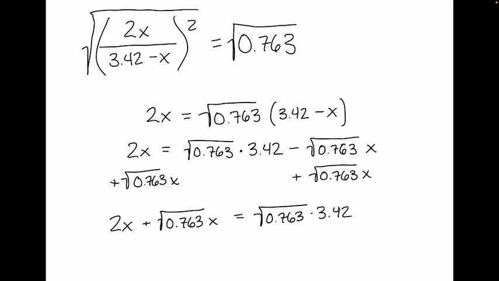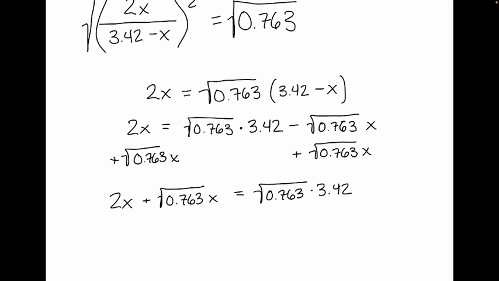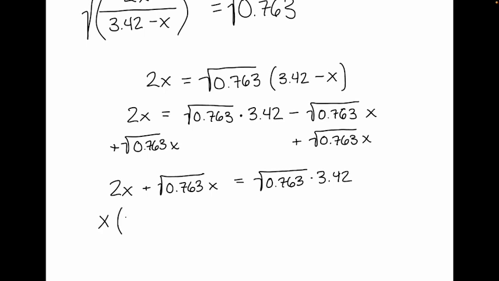All right, I got x in both of these terms, so what can I do? We can pull it out. We can undistribute that x, right? So this is the same thing as x times 2 plus the square root of 0.763. I had x in both of these terms, so I just pulled it out.